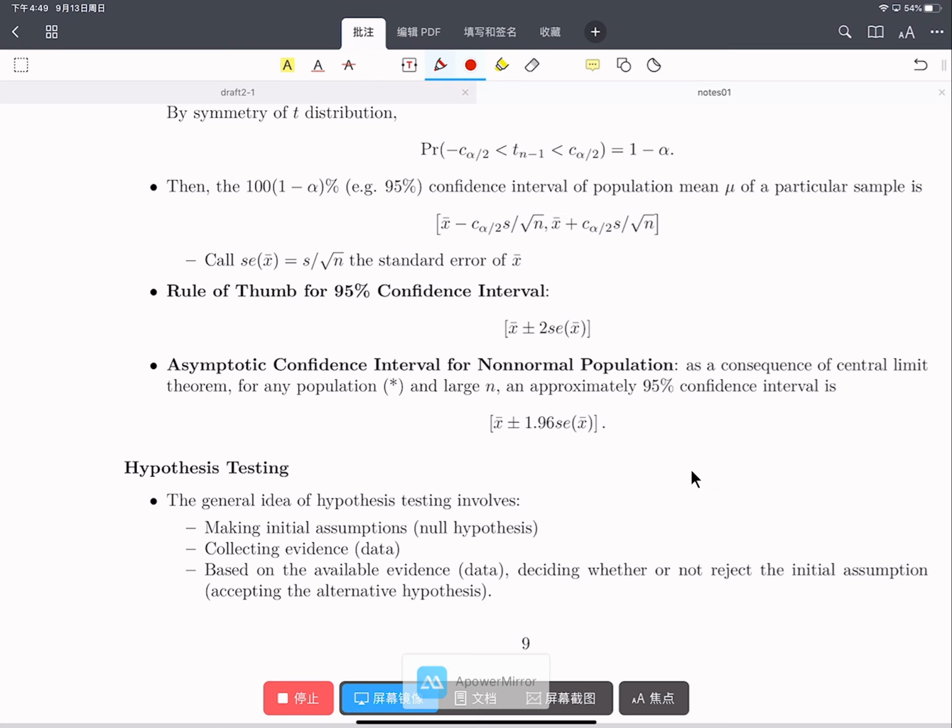From this 100-worker sample, you get an average wage of, say, 1,150. Now you ask yourself, what's the probability that your initial guess that the average wage is 1,000 is correct?